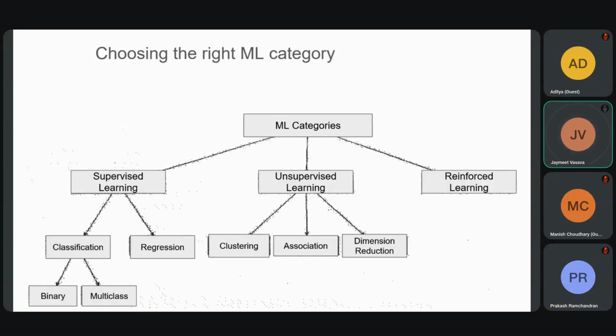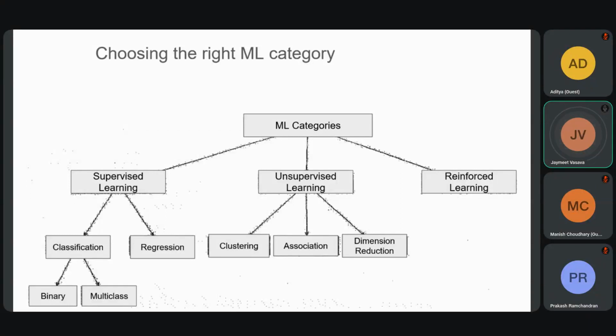Association is nothing but creating an association with different items. If a person buys milk for breakfast, some of the recommendations or associations that can be made are bread or eggs.